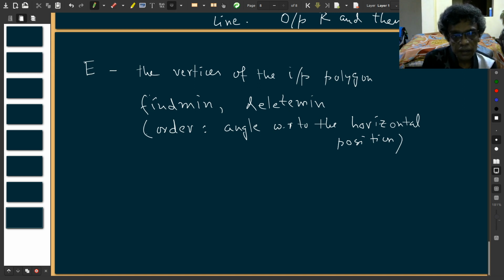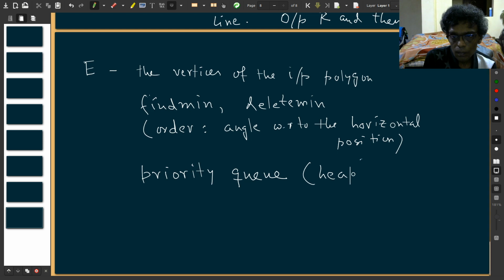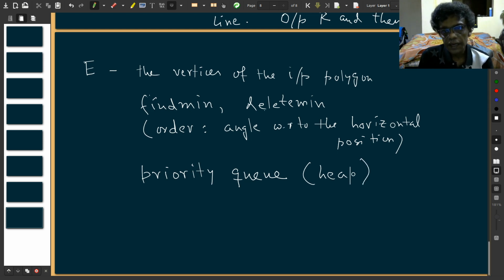So it seems that it's more or less obvious. In this event queue, we do not insert anything other than the vertices. There are no intersection points like yesterday. So a simple min priority queue, like a binary heap, will do. In fact, you have to make n delete mins. There are n vertices, so each will take log n time. So n log n.